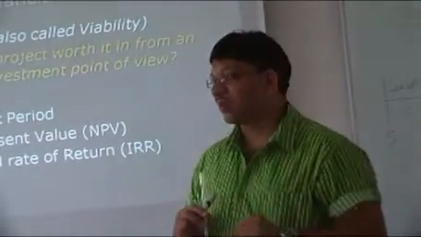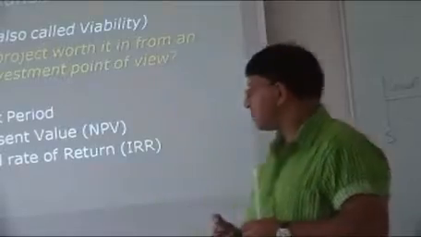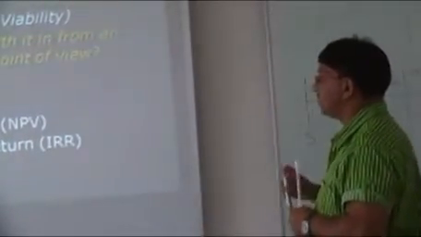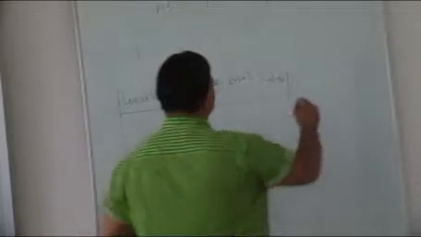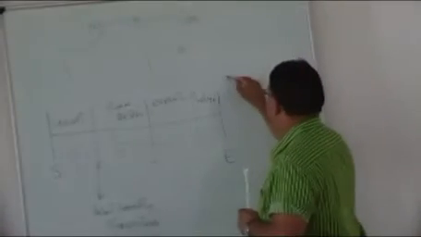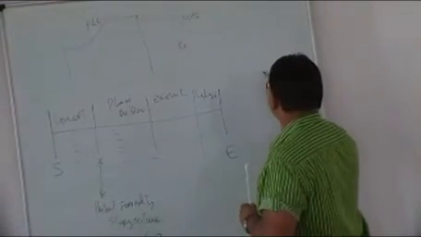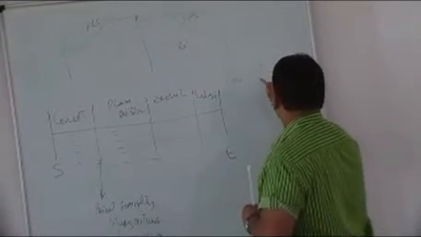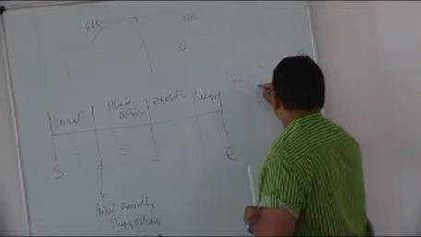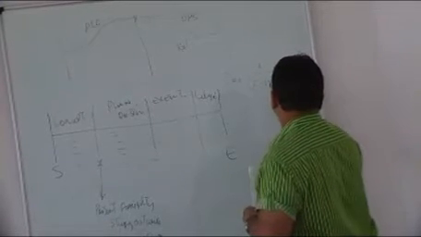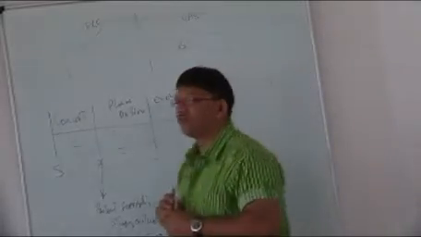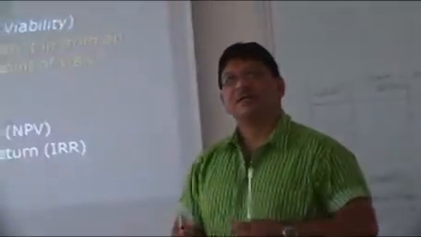That will give you your net present value. In other words, there is a discount factor for NPV, and the discount factor is 1 upon (1 plus the rate) to the power n. And that is the formula for the discount factor.